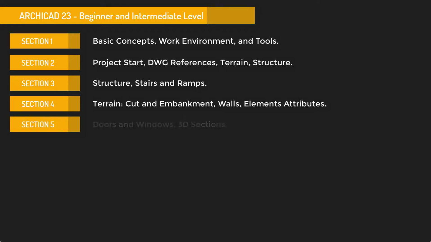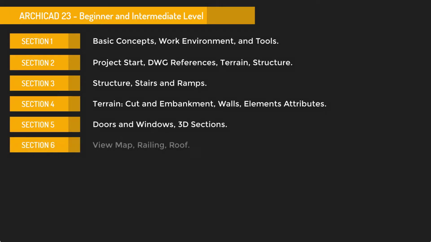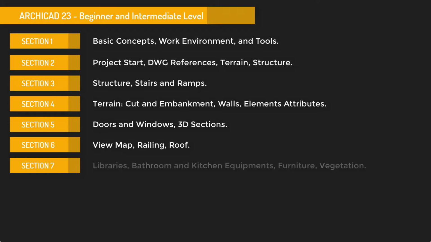In section 5, we will insert doors and windows and create 3D sections. In section 6, we'll learn about view maps, railings, and roofs. In section 7, we'll see libraries with insertion of bathroom and kitchen equipment, furniture, and vegetation.